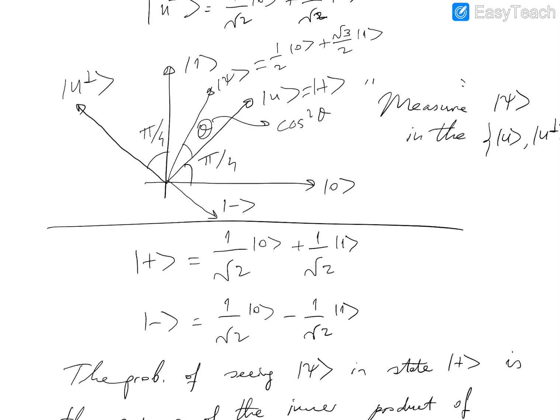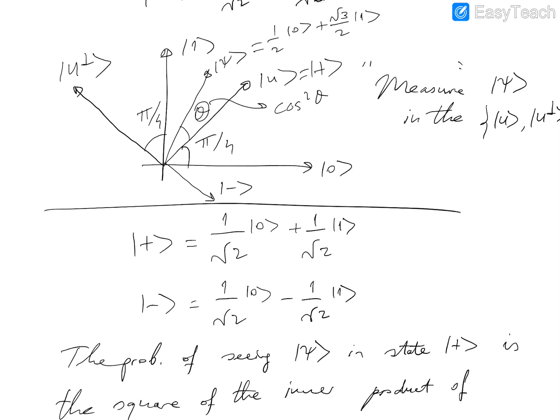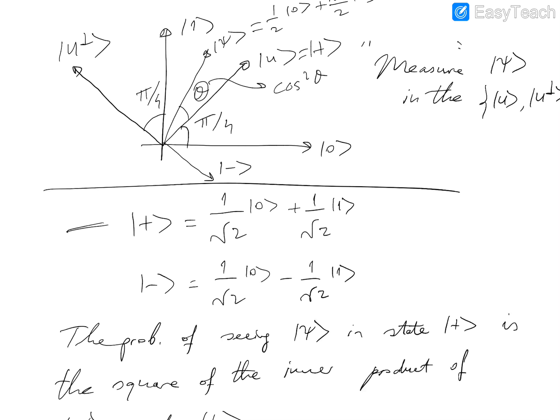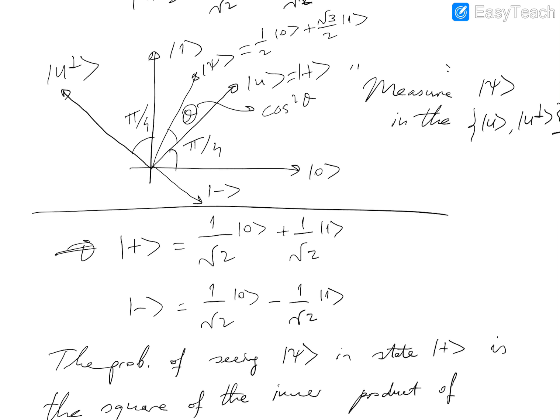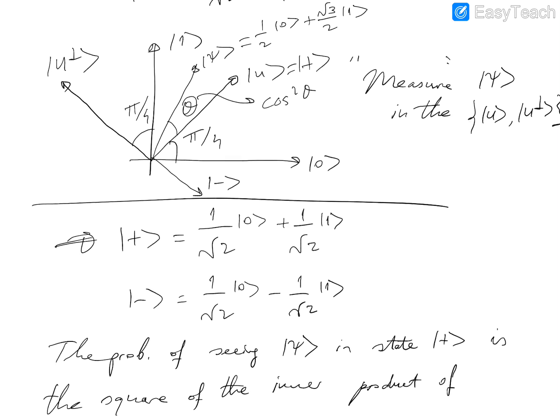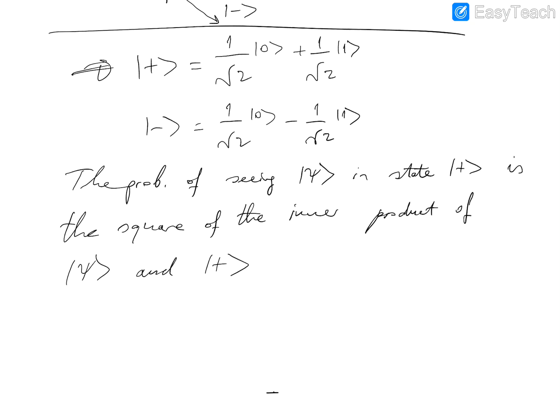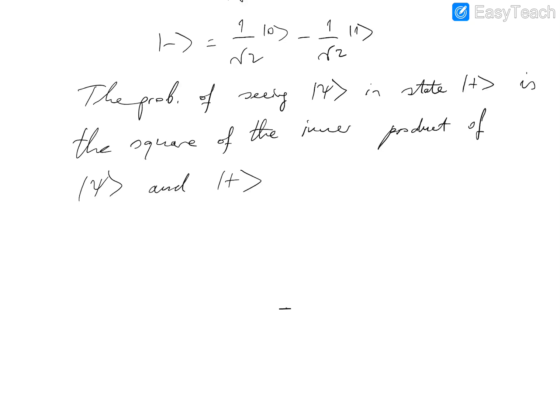So it makes a 60-degree angle with ket 0. So ket plus is equal to u, which is basically this vector. So what's the inner product of psi and u? And we're going to take the square of that product.